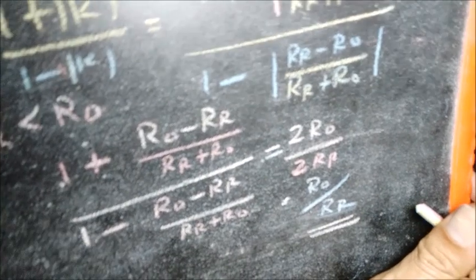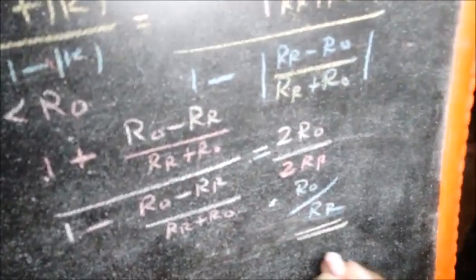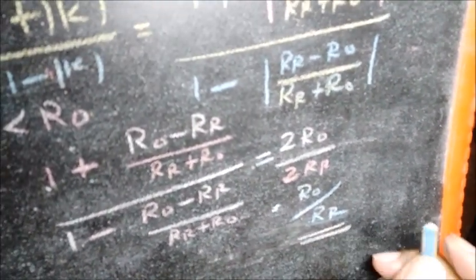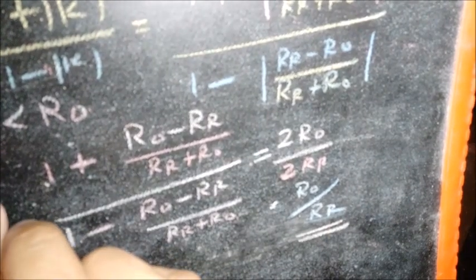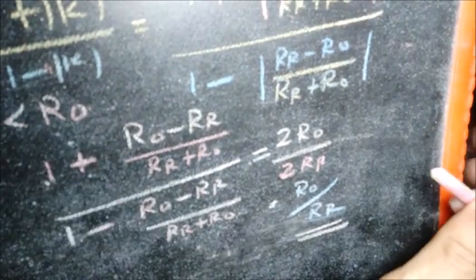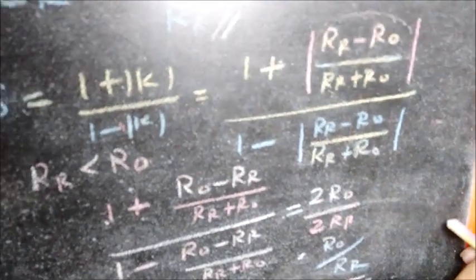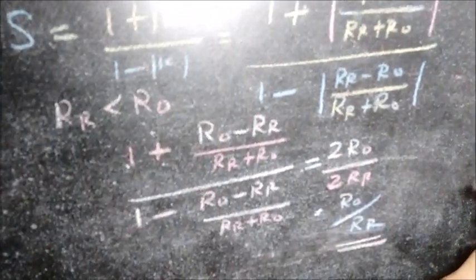So standing wave ratio becomes R naught by RR when the load is purely resistive and the load is less than the characteristic impedance of the line.